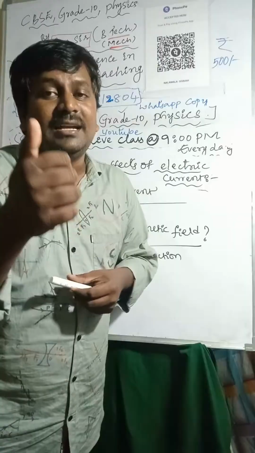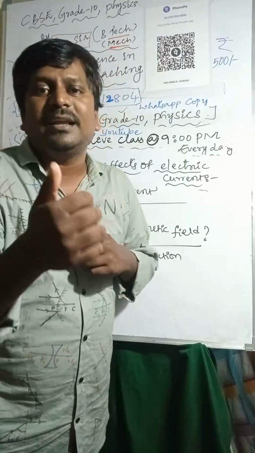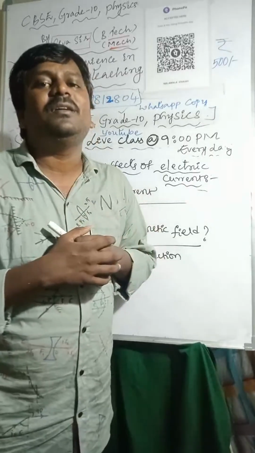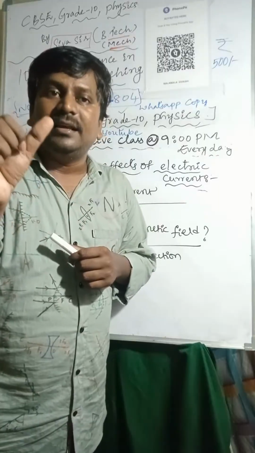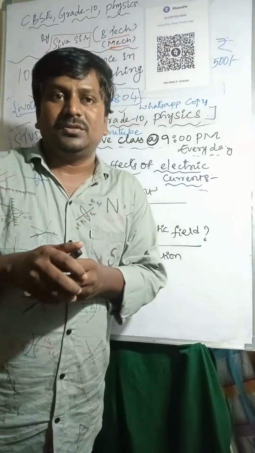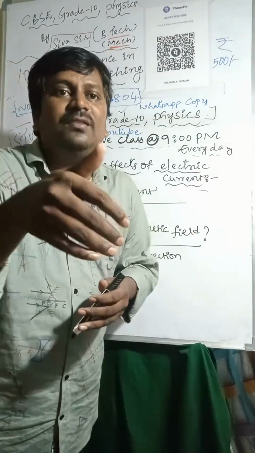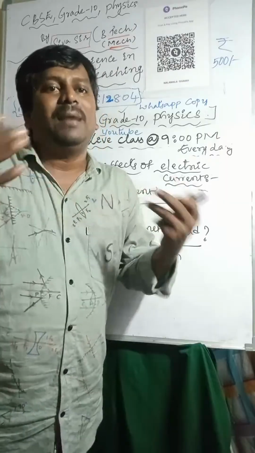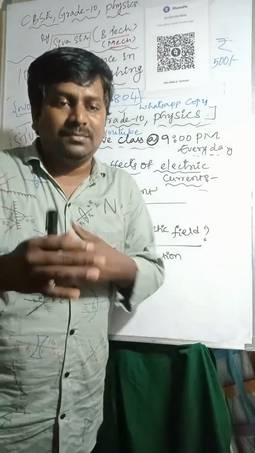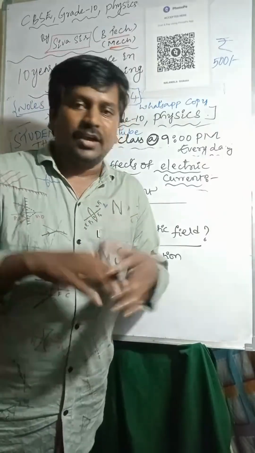Take the thumb along the current direction, and the curly fingers show the magnetic field direction. I hope it is clear to you all.